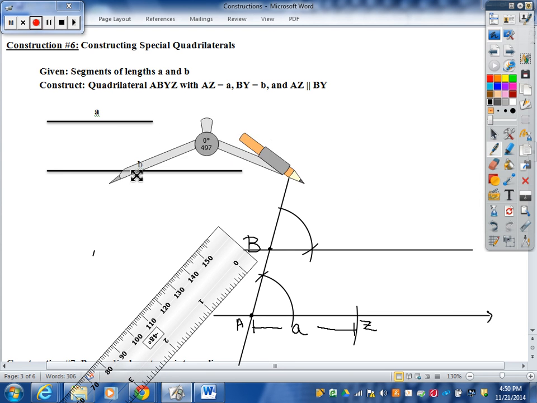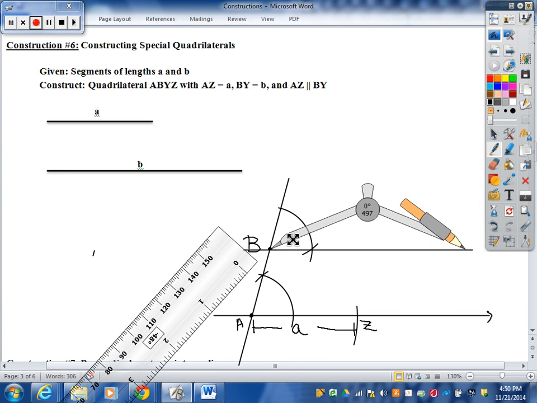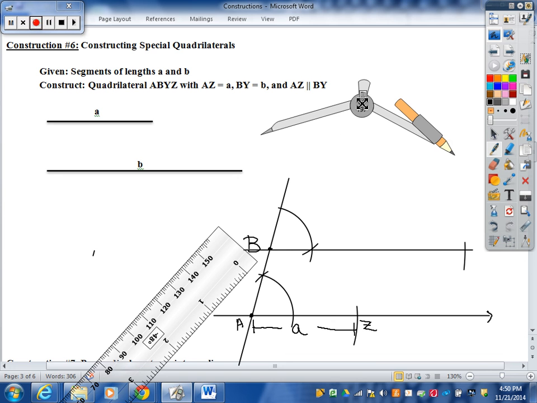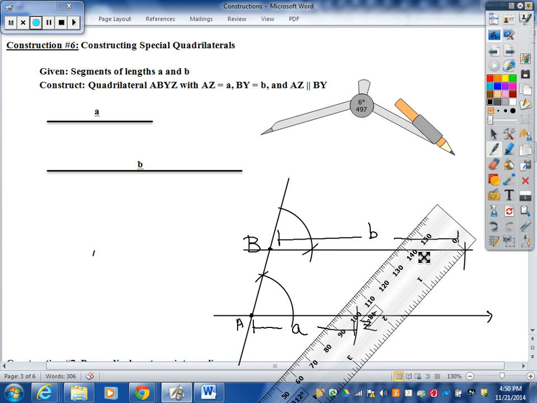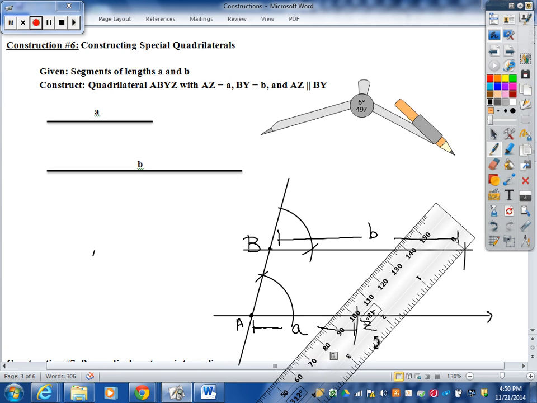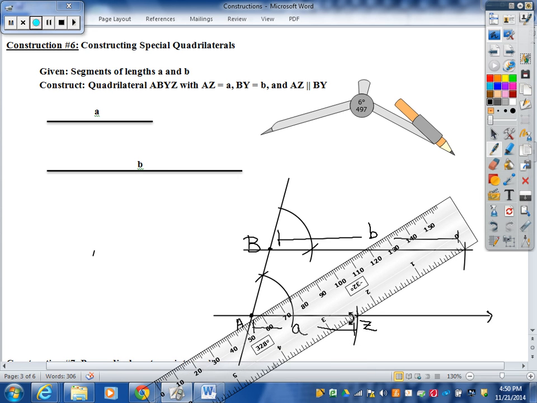Go down here, transfer that length, and show that mark. And if you want to, you can say, yep, this is the length of B. And then I'm going to connect the endpoints of both segments, this one right here with that one right there.